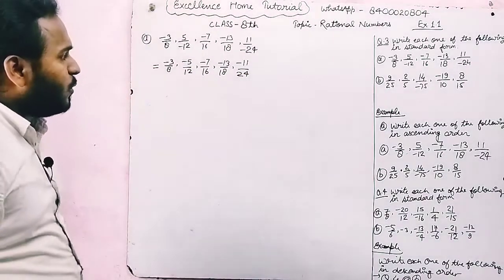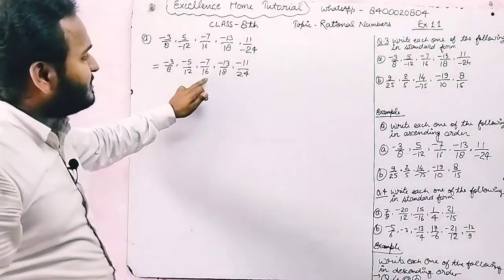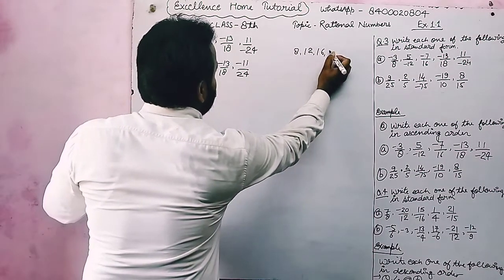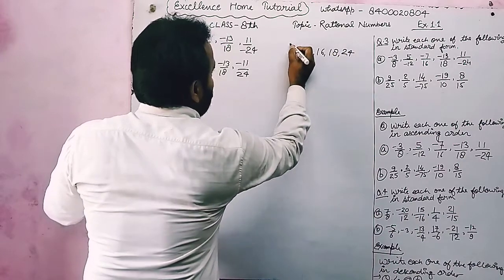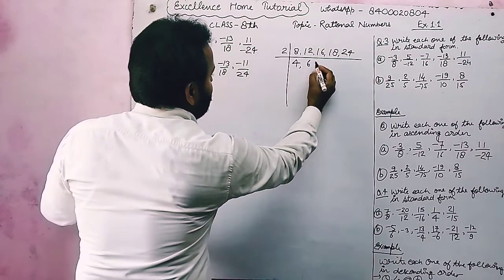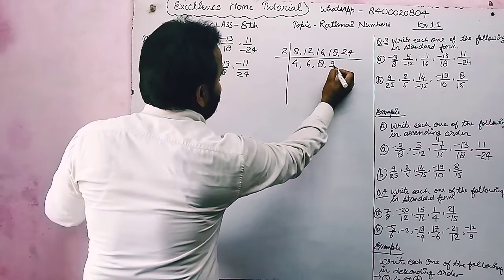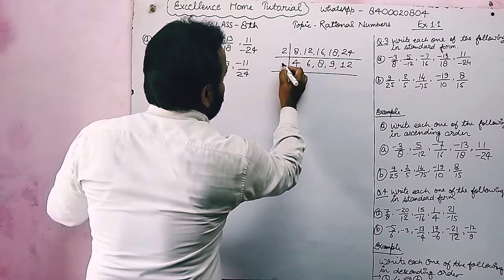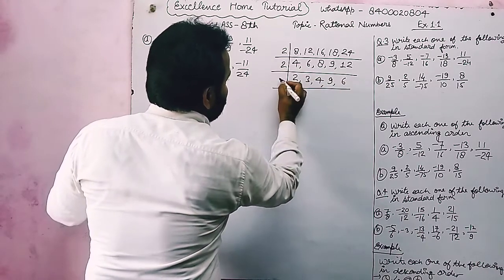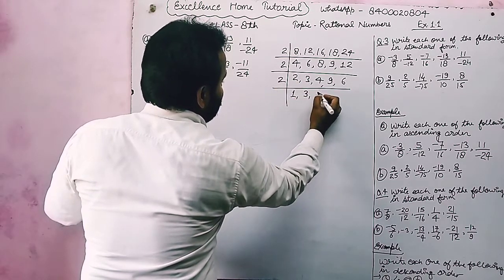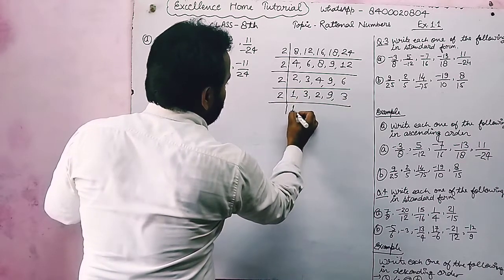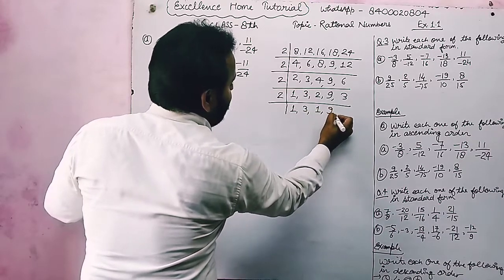After that, we have to find the LCM of 8, 12, 16, 18 and 24. Dividing by 2: 4, 6, 8, 9, 12. Again by 2: 2, 3, 4, 9, 6. Again by 2: 1, 3, 2, 9, 3. Then by 2: 3 is written as it is, 9, 3.